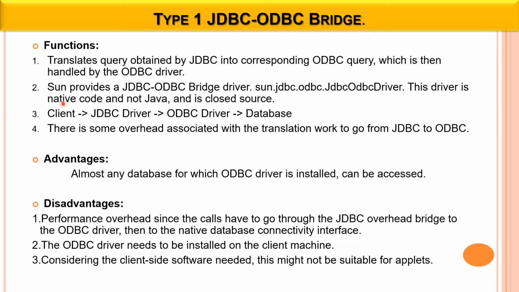This driver is native code and not Java, and it is very close to the source. The client to the JDBC driver, to the ODBC driver, to the database, we have to provide the connection. There is some overhead associated with this translation work to go from JDBC to ODBC.